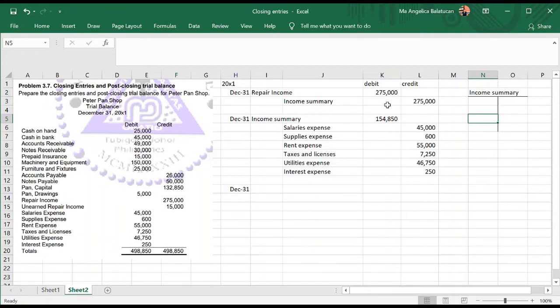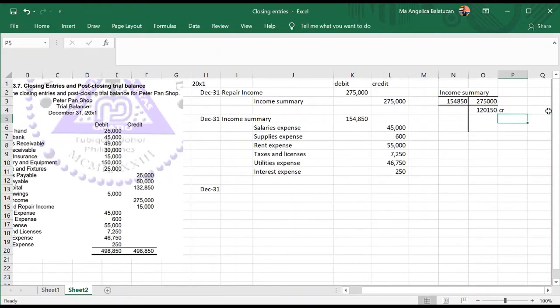So you have a credit to income summary of 275,000, and then a debit to income summary of 154,850. Then we're going to get the difference between the two. So there would be a balance of 120,150. This is a credit balance because the credit side is greater than the debit side.